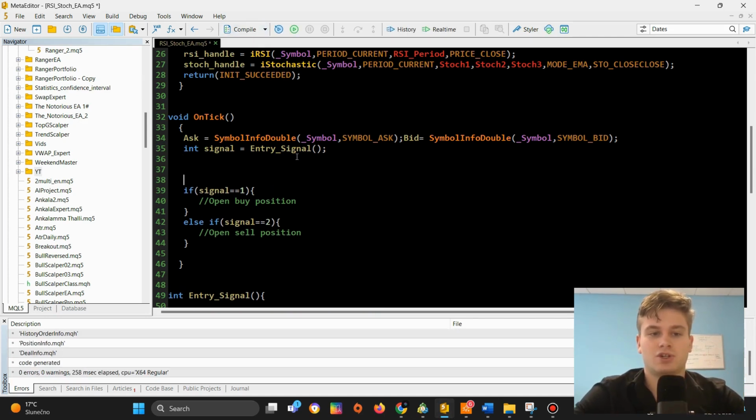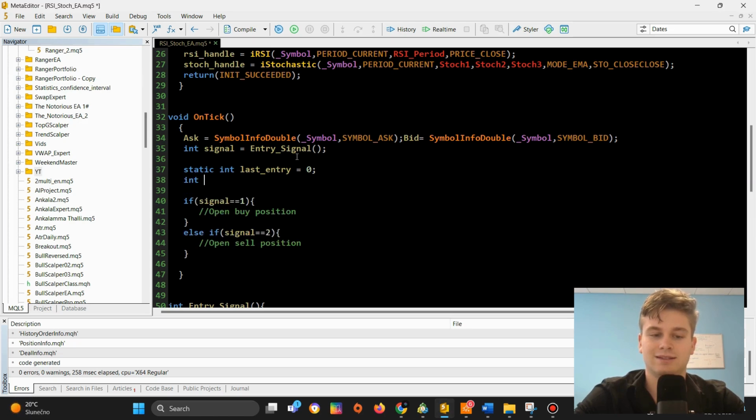And just to avoid opening multiple positions on the same candlestick, I will also create a static integer variable called last entry, which will be equal to 0, and then I need to get the number of bars basically. So integer bars will be iBars, symbol, and period current.